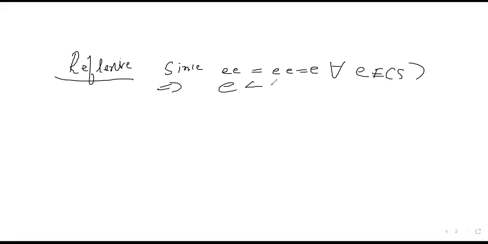This relation is reflexive because ee is e for all idempotents e. So e is related to e for all e in the set of idempotents. Therefore this relation is reflexive.